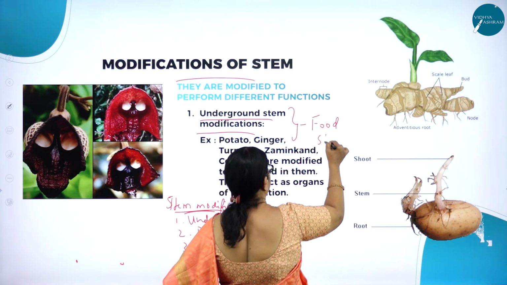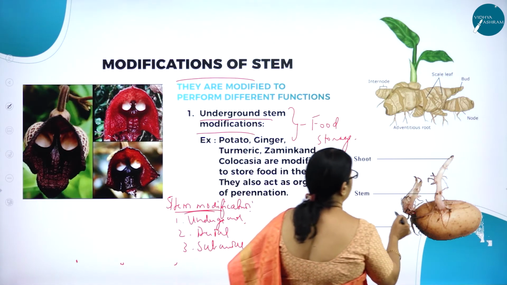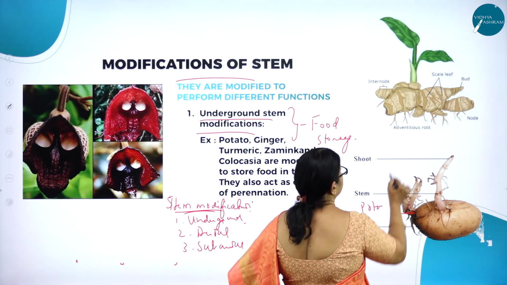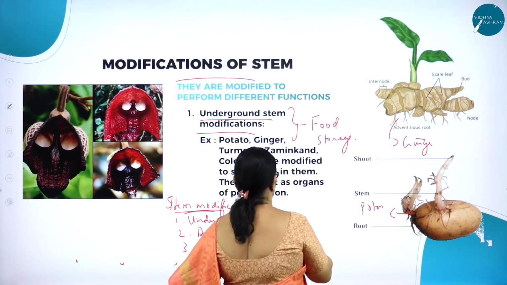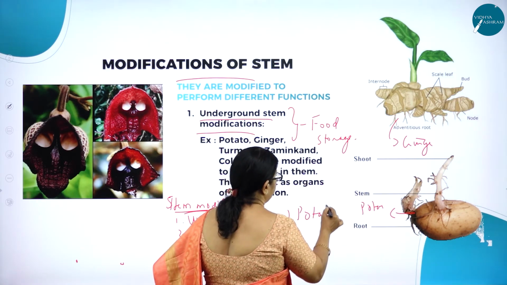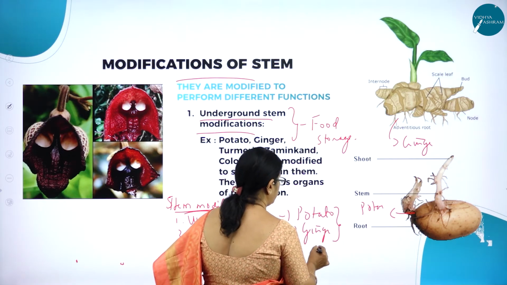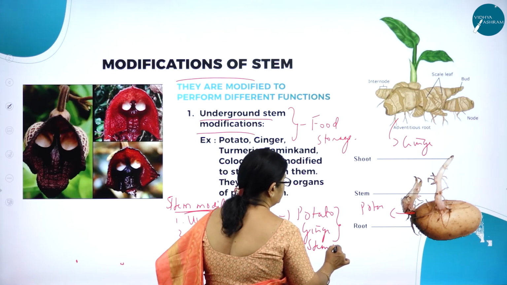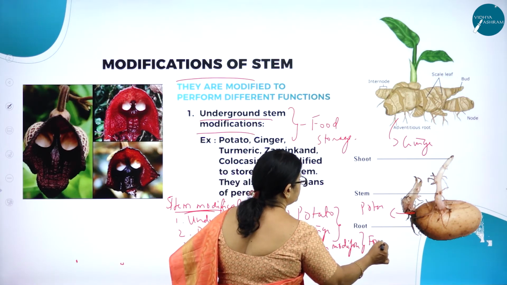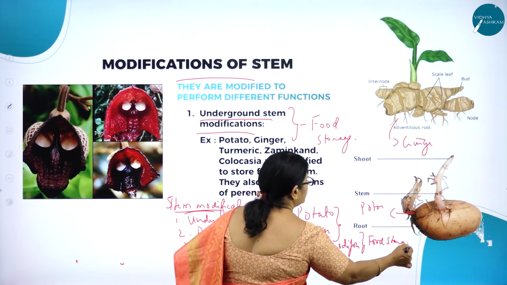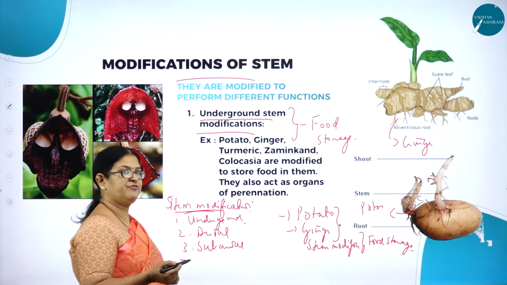For food storage. Hope all of you know potato. Then this one, ginger. They are all examples for what? Potato, then ginger. They are all stem modifications for what? For food storage. They are modified for food storage.